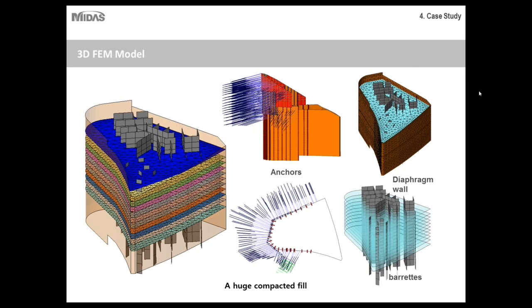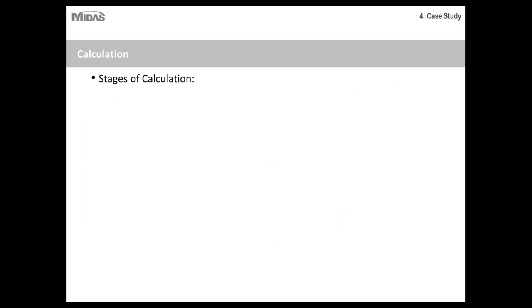You can see the diaphragm wall that was surrounding it, and the barrettes that were like thick walls continuing from the foundation to the top. So all different components were modeled as they were observed, or as they were to behave on the site.